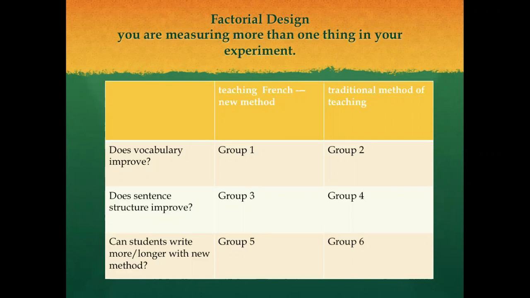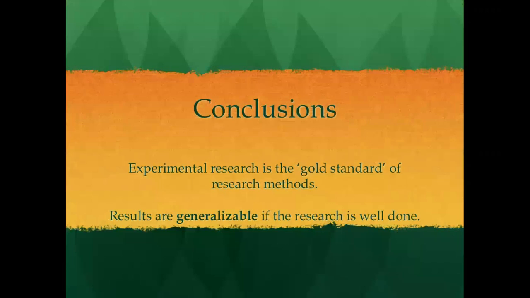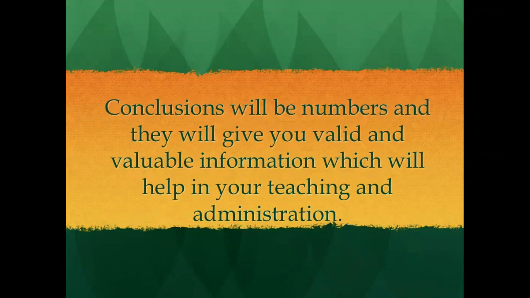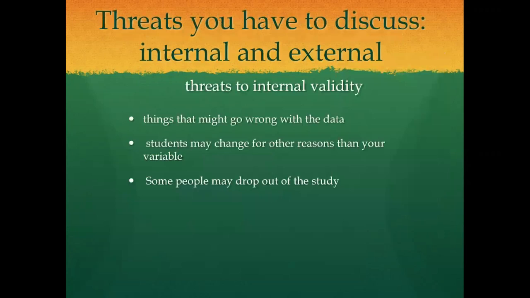You will also have to discuss threats to internal and external validity. Threats to internal validity are things that might go wrong with the data. Also, students may change for other reasons than your variable, or some people may drop out.